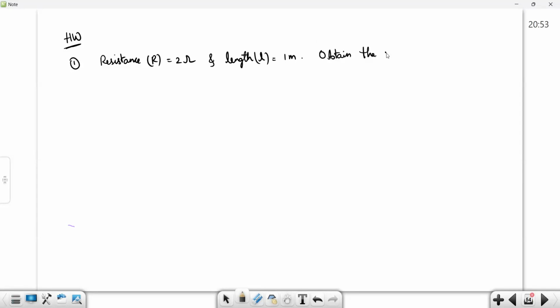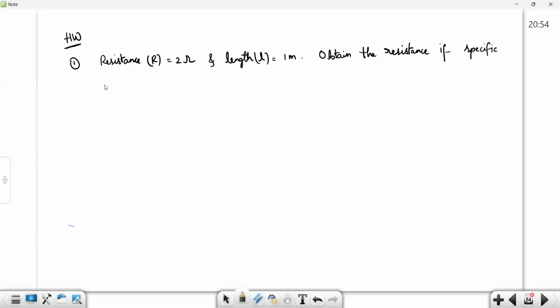Obtain the resistance if specific resistance, what is specific resistance? Specific resistance is nothing but resistivity only.